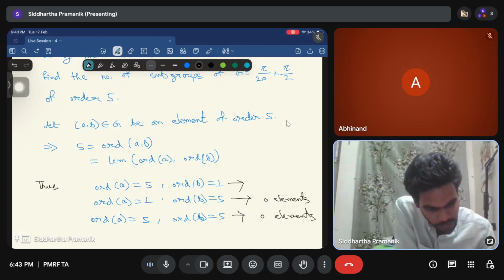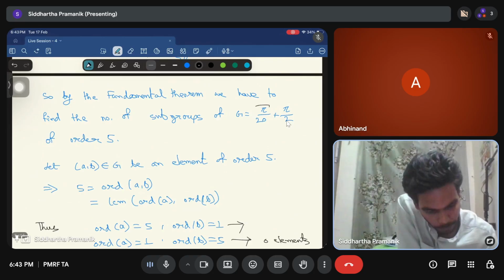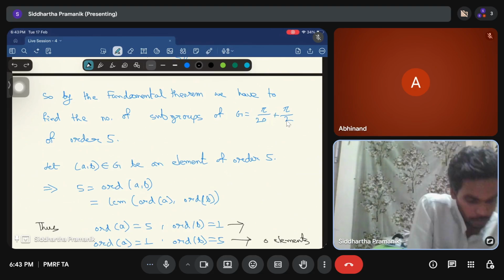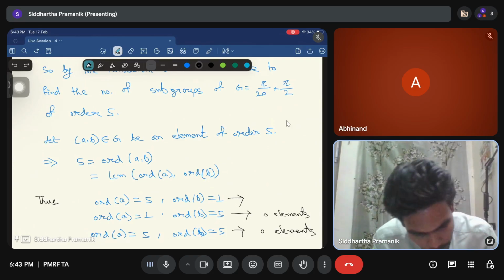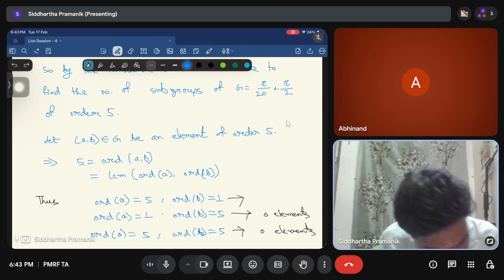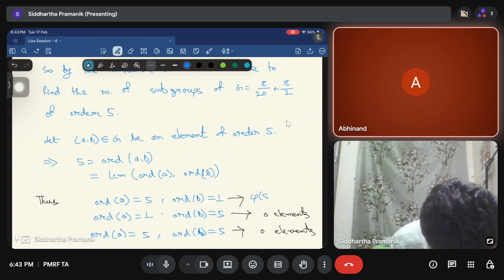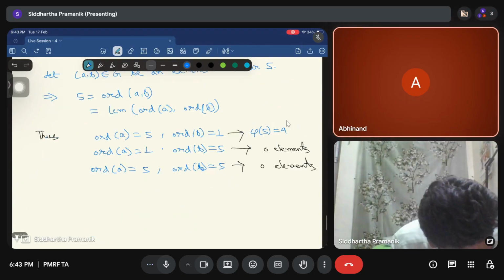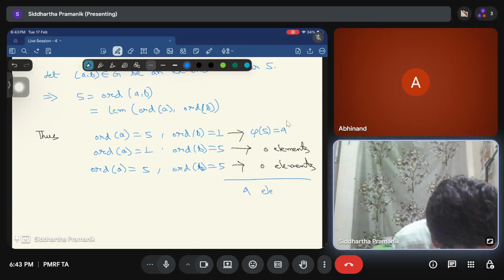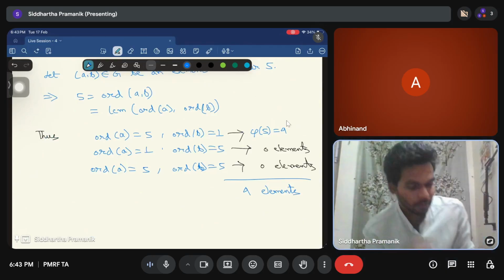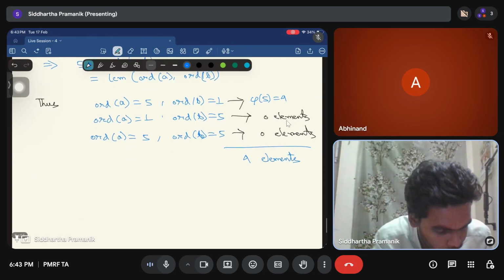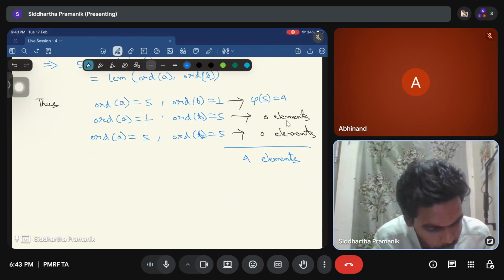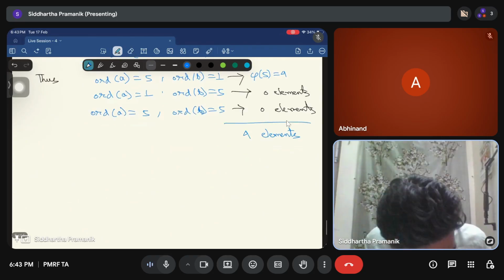But in the first case, we need to find the number of elements in Z mod 20Z of order 5. It is easy because it is a cyclic group. So the number of elements of order 5 is phi, the Euler phi function. It is 4. So in total we have 4 elements. In a cyclic group of order 5, there are 4 generators, and we have just 4, so there is exactly one such subgroup.